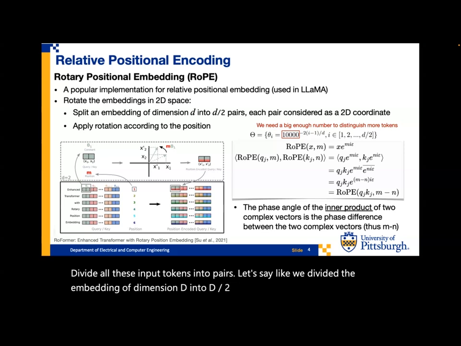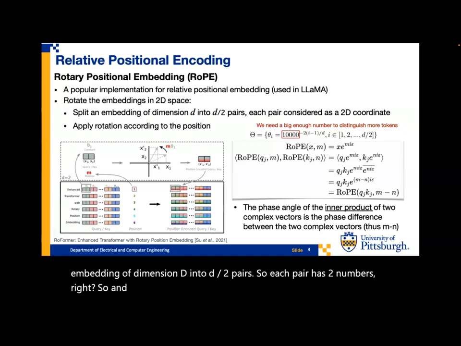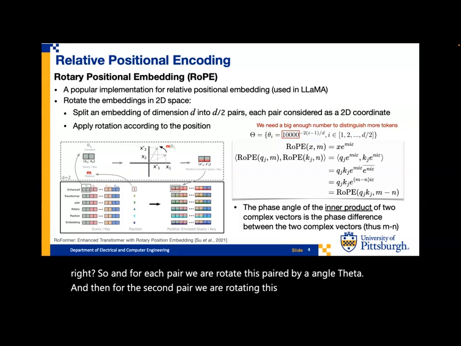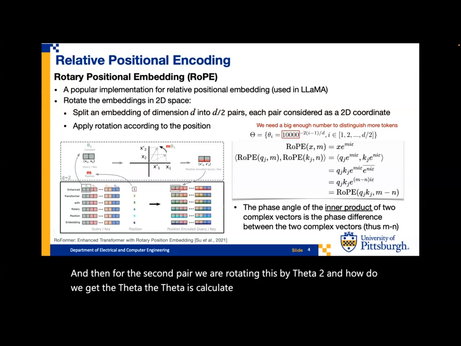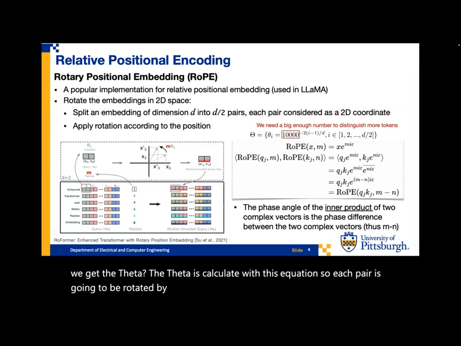Each pair has two numbers, and we rotate the first pair by an angle theta 1, and the second pair by theta 2. The theta is calculated with this equation, so each pair is rotated by a different degree. Does that make sense?